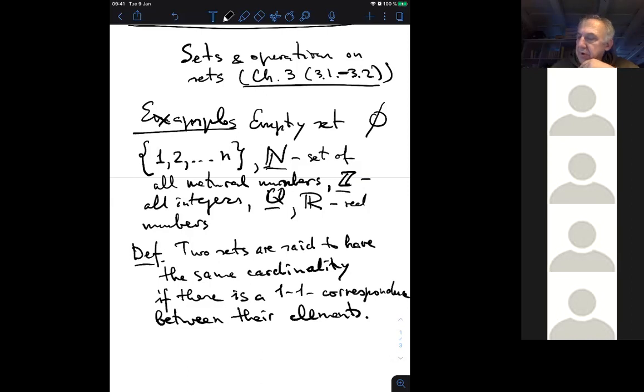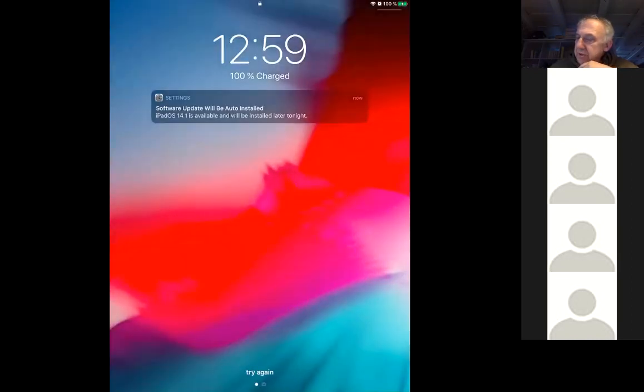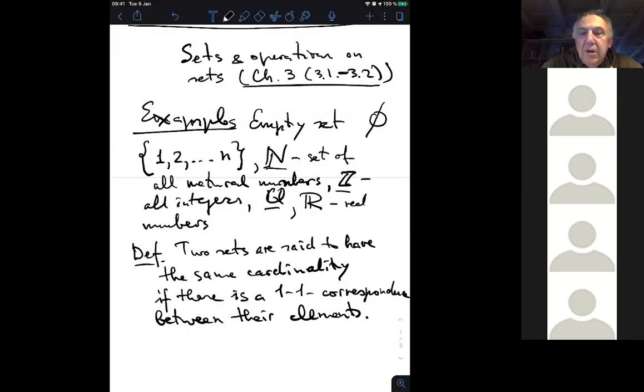For example, R has more elements than positive integers, and the claim that R is the minimal non-countable set turned out to be an axiom. It's independent of many other things which we know about arithmetic, and this was the so-called continuum conjecture. But then there are sets which have more elements than the set of real numbers, and so on and so on.